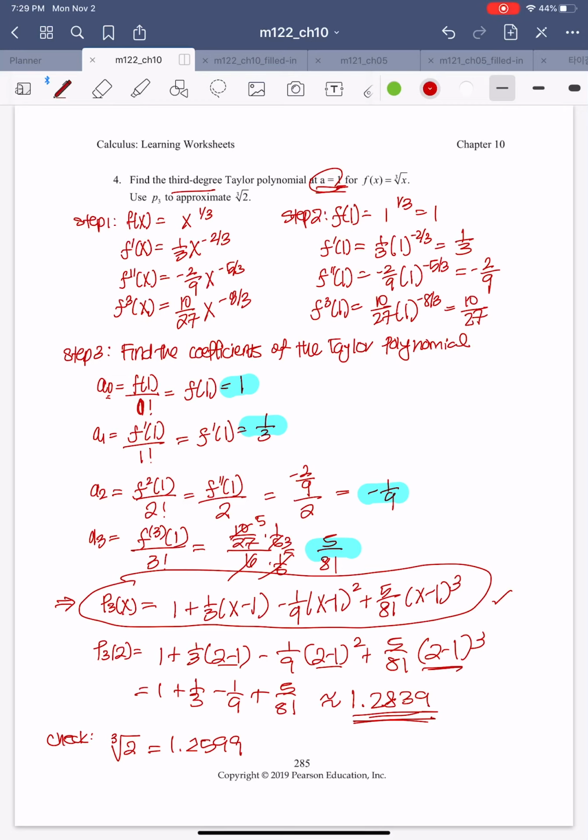So again, we were close, right? 1.2839, 1.2599. All right, so that's the end of section 10.1.